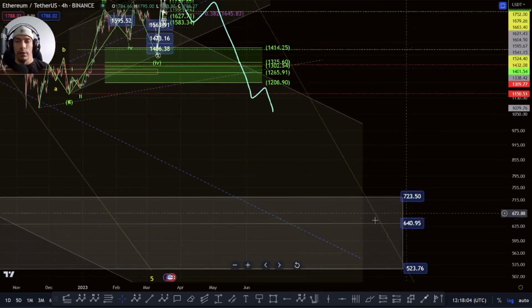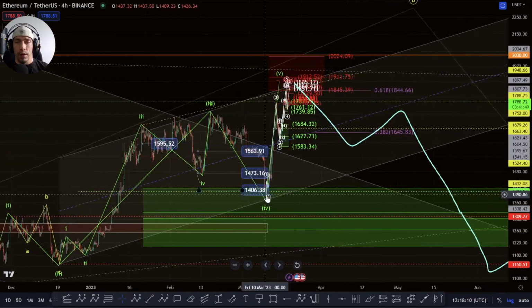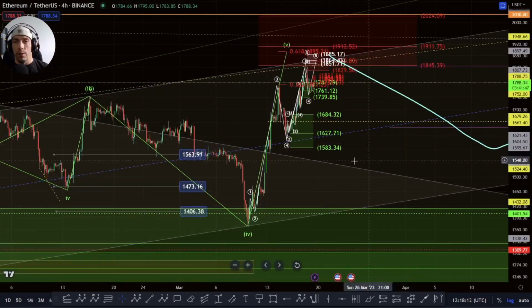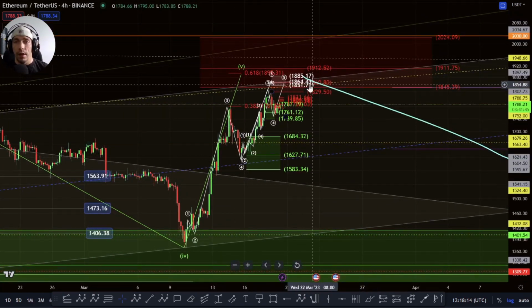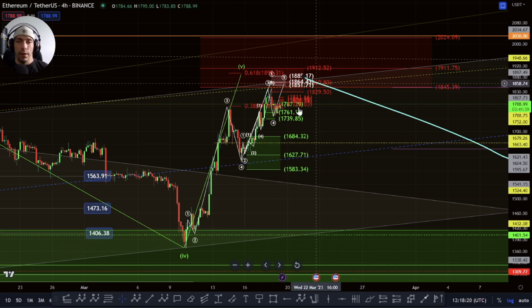And we could still see these lower lows towards the 1723 to this 523 range. So it hinges on how we hold these pivot point areas. As long as we hold them, potentially we can look for this to continue its move to the upside. But if we start to lose some of these key zones, it becomes less likely that we're going to see that continuation.